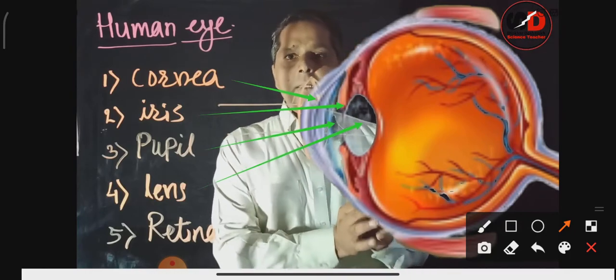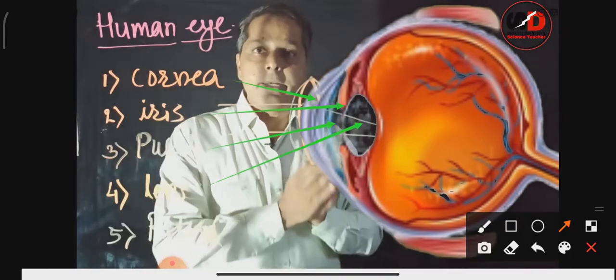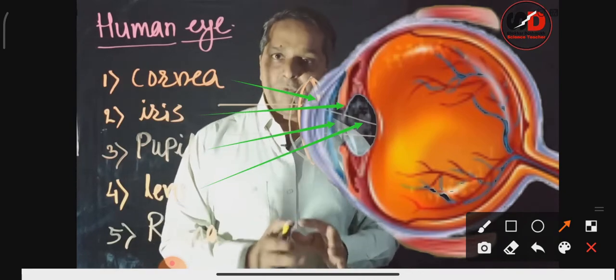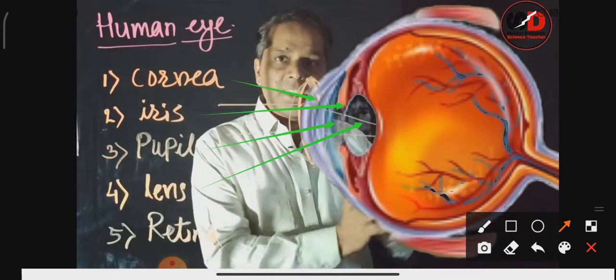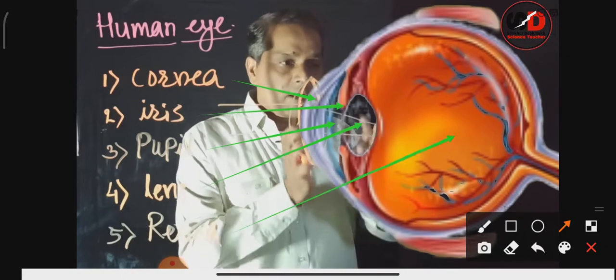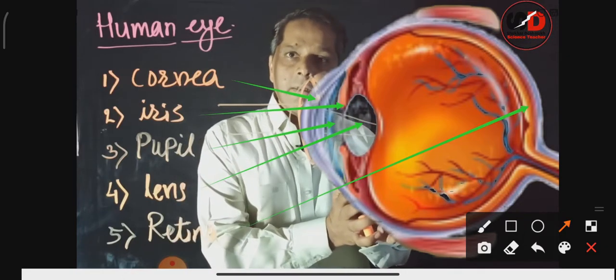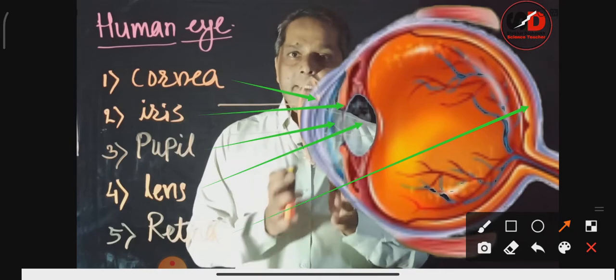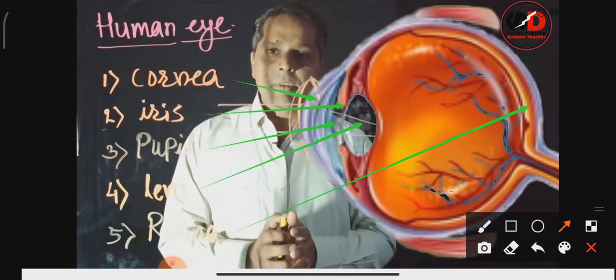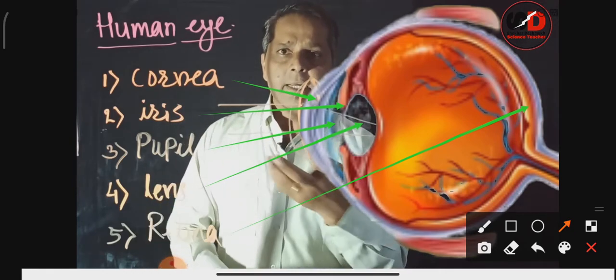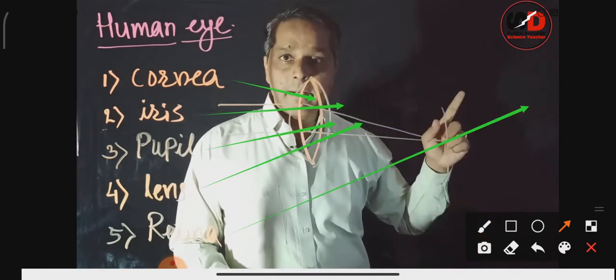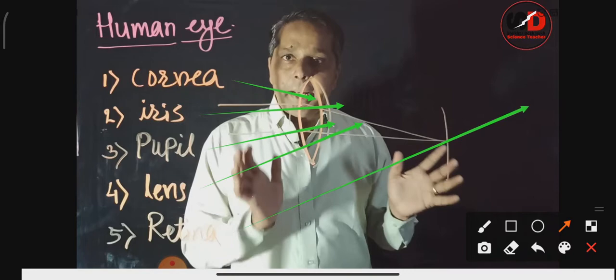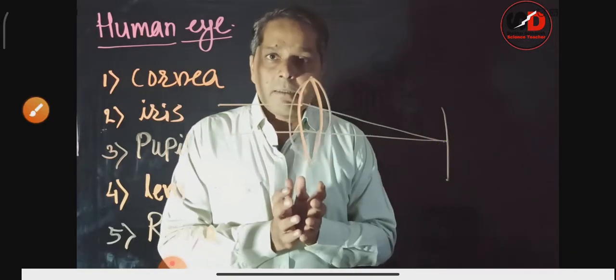Retina is nothing but a light sensitive screen on which the image is formed. Whenever light falls on it, this light sensitive screen generates an electrical signal and sends it to the brain, and the brain interprets that signal.